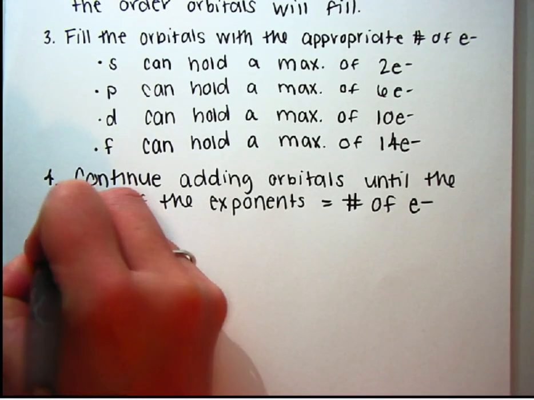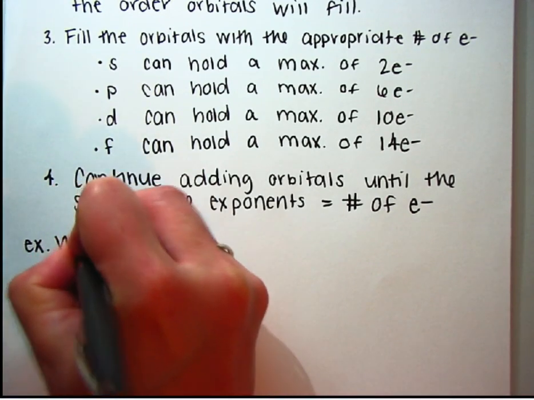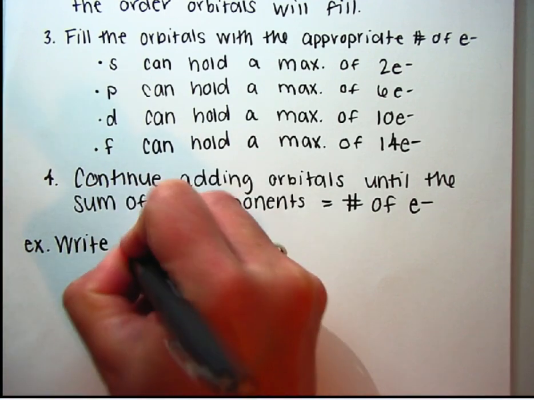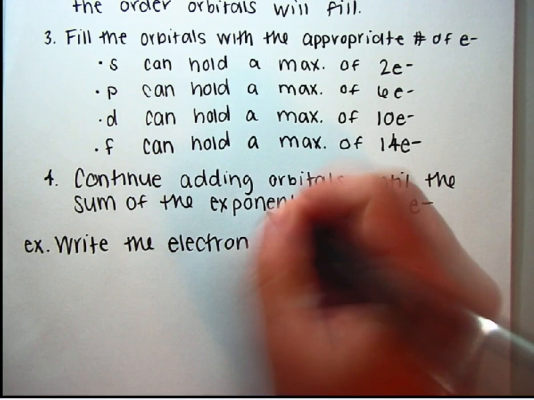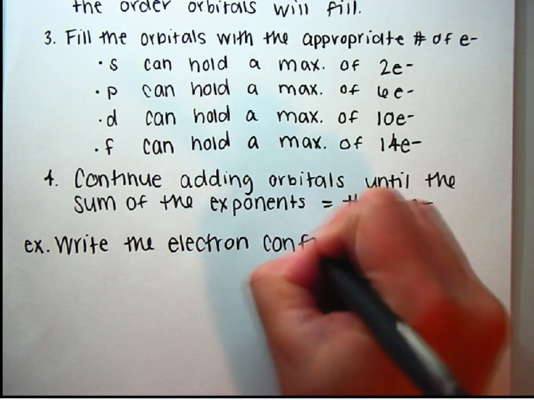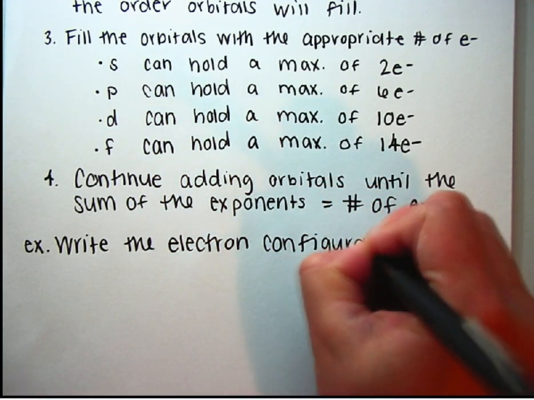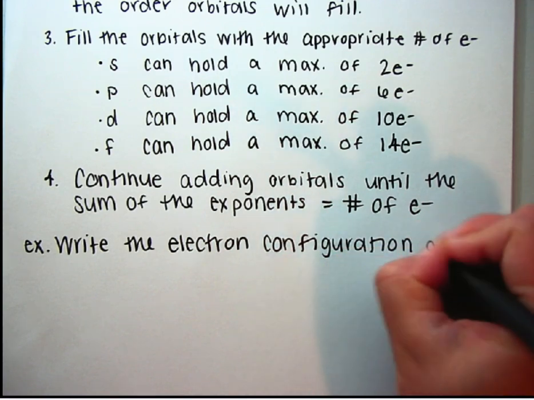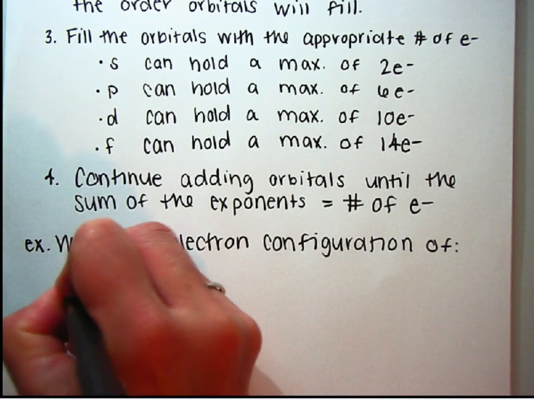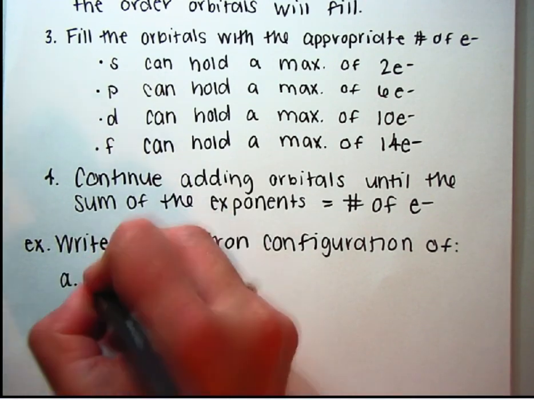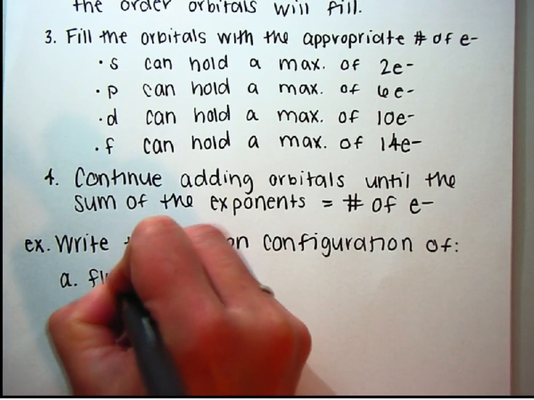So let's do a few of these together. Let's say you were asked to write the electron configuration of, and we'll do a few of these together. First one, let's do fluorine.